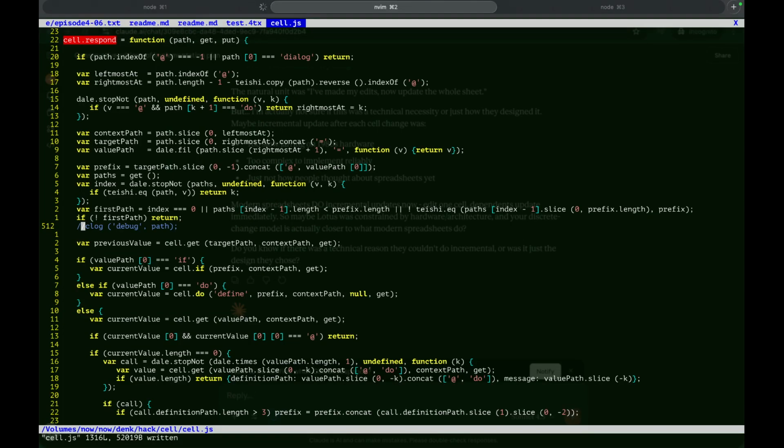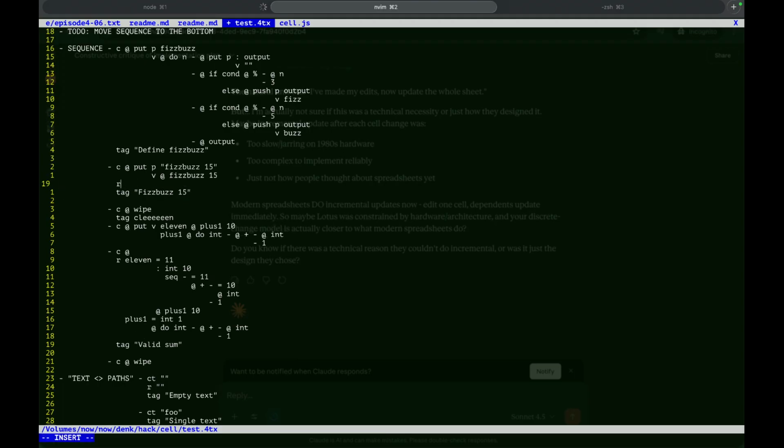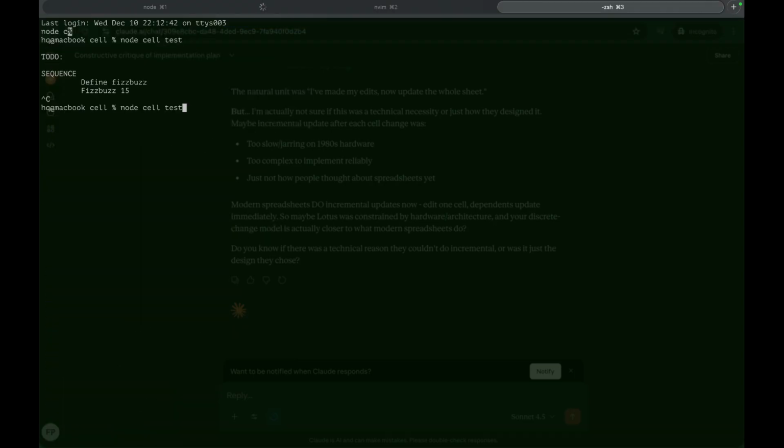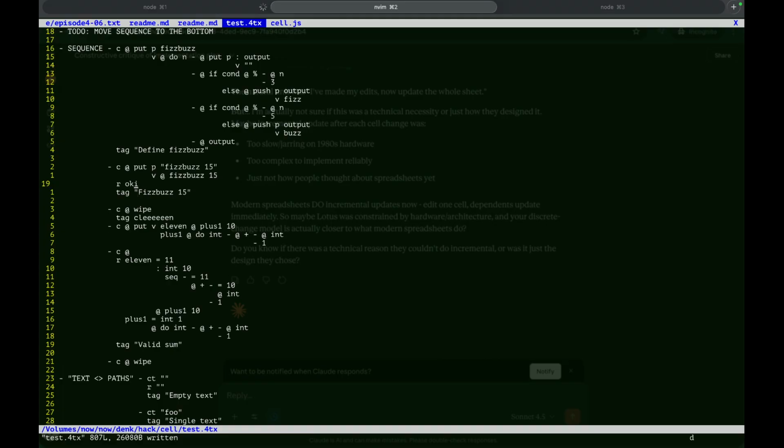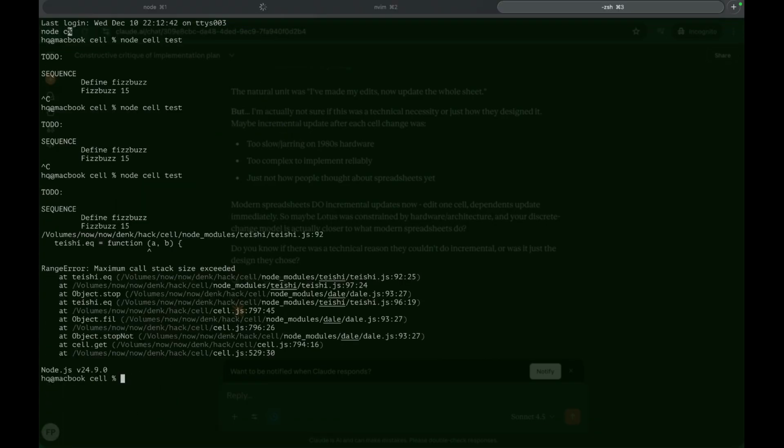Yeah, it never gets to clean. Is this working? No, it doesn't make it there. Yeah, so it just locks the tag.